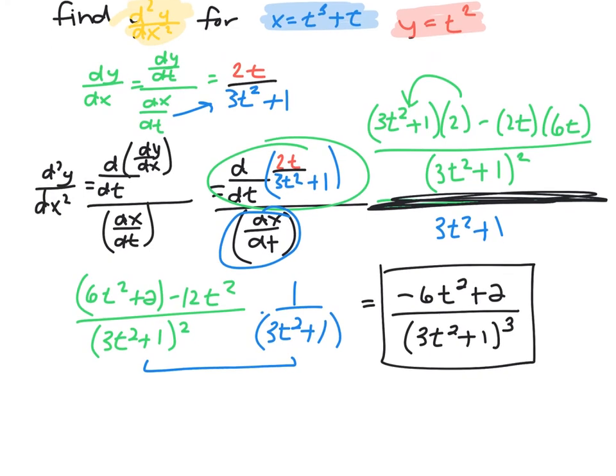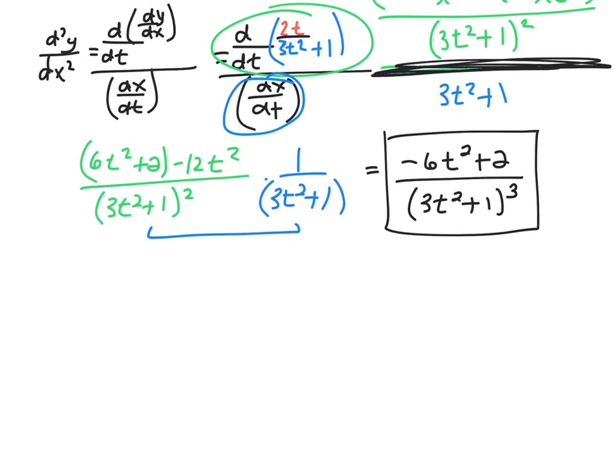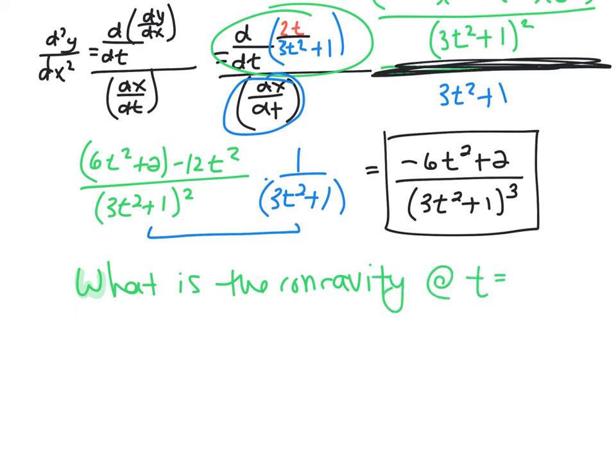Now that we have that second derivative, there's a quick application that's very common to go through. I could ask, what's the concavity at a certain point? Like, what's the concavity at t equals, let's say, 1? If we need to find the concavity, that's a direct application of the second derivative.